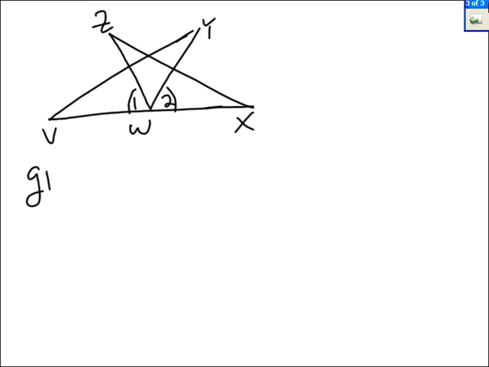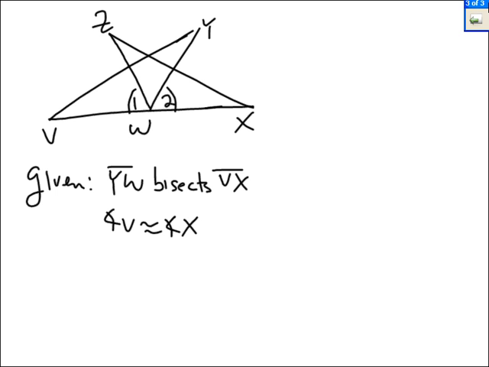And you are given the following: that YW bisects VX. You're also given that angle V and angle X are congruent. You're also given that angle 1 and angle 2 are congruent.